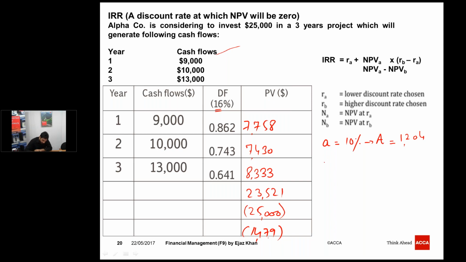Okay, and at the higher rate, which we'll denote by B, is 16%, we have NPV of 1479 negative. So we have one positive NPV, we have one negative NPV, and we can say one thing about this project, that this is generating higher return than 10%, but lower return than 16%, somewhere in between 10 and 16%.